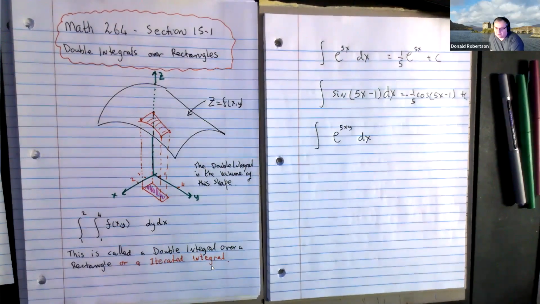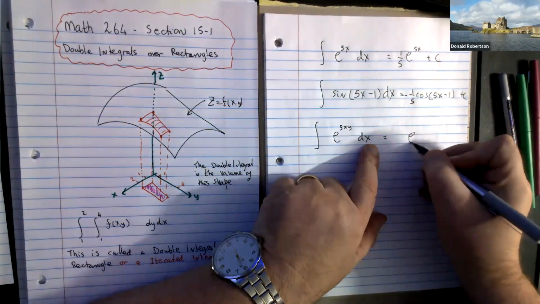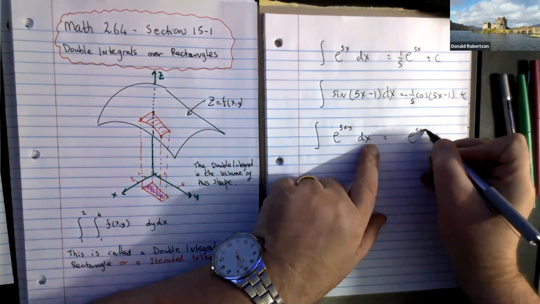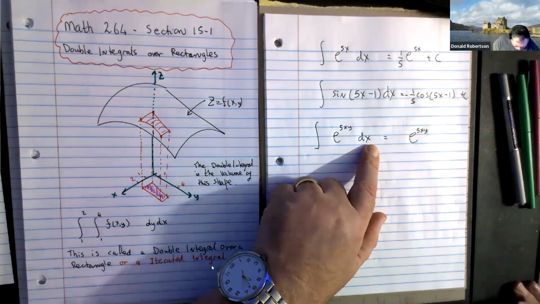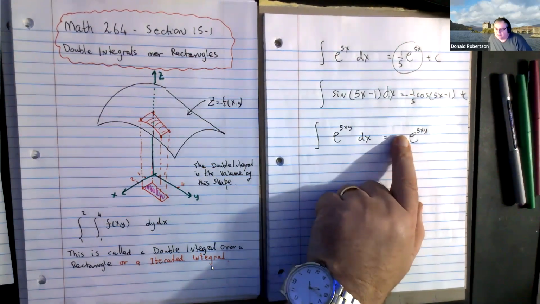Let's suppose we have to integrate something that looks like e to the 5xy. Right, that is going to happen, right? You're going to get things with x's and y's inside trig functions, inside e to the power functions. The integral of this guy with respect to x is e to the 5xy. What is going to be left outside?